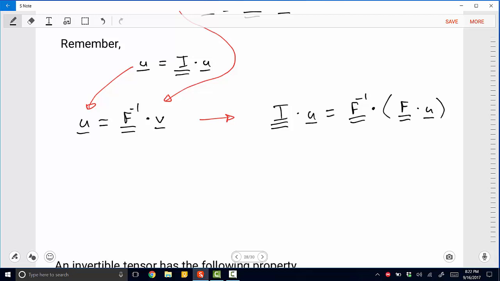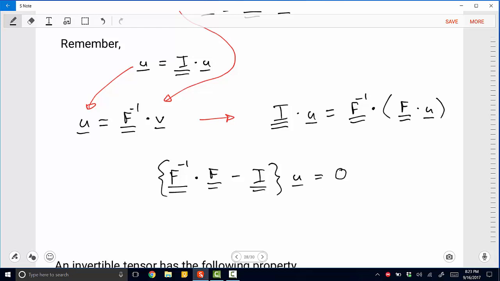We'll find that the F inverse dot product tensor F minus the identity tensor, with respect to our u vector, is equal to 0.